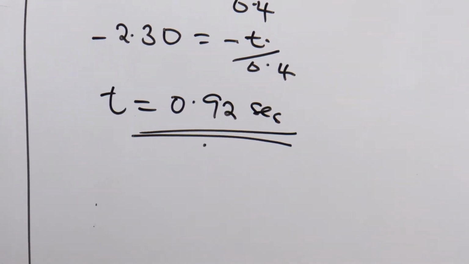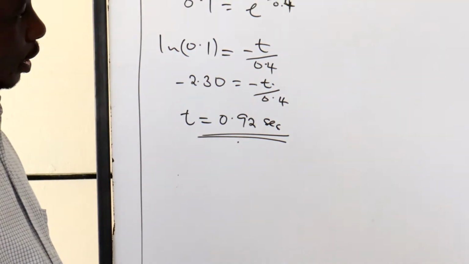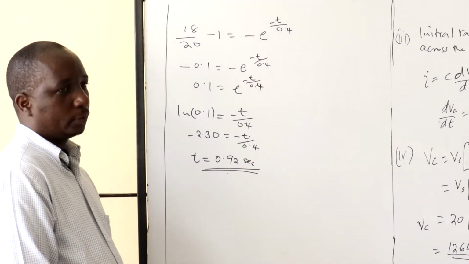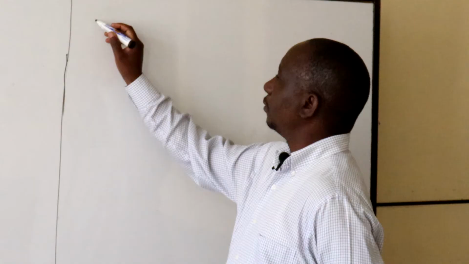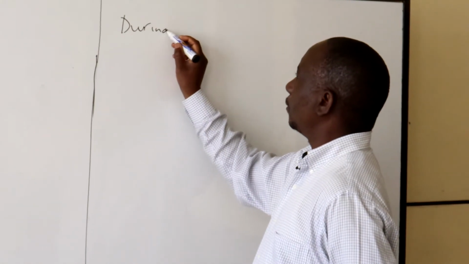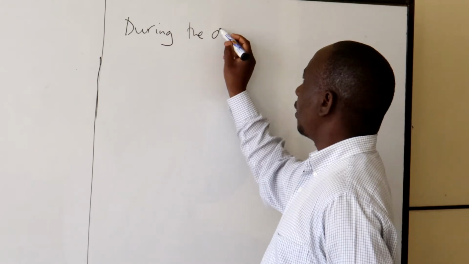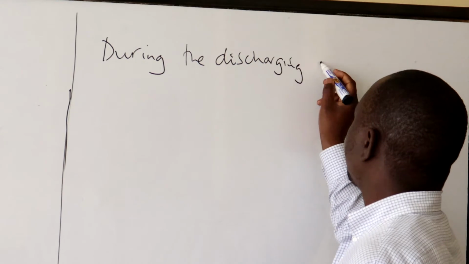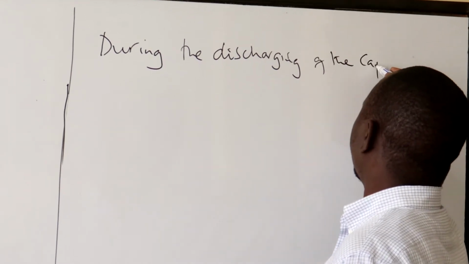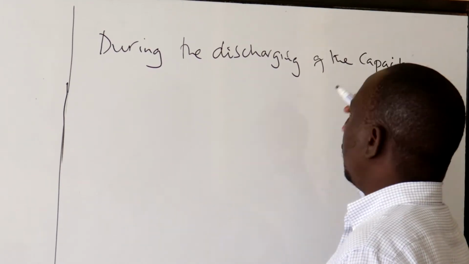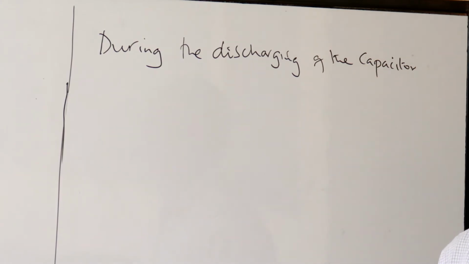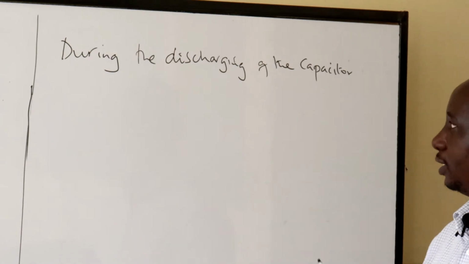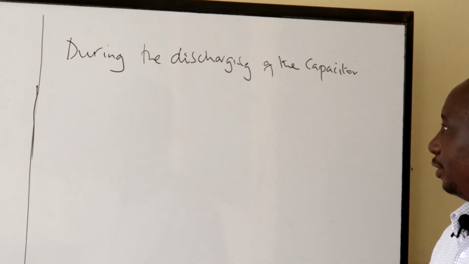So we're going to go to the process of discharging the capacitor and the equations. During the discharging of the capacitor, in this case, our capacitor is now connected to the RL in the diagram that we used, so that you are able to discharge the capacitor voltage through the resistor RL.